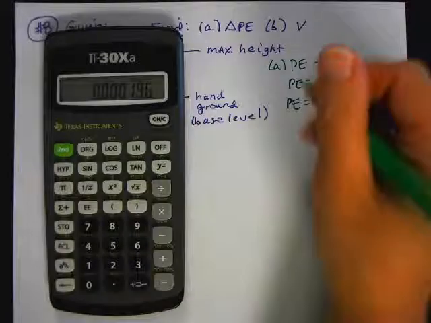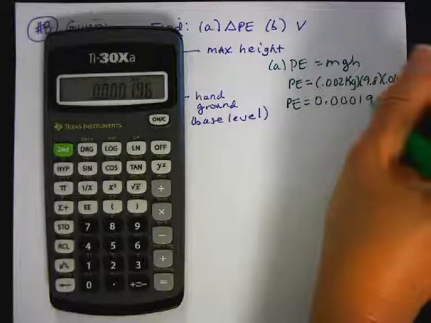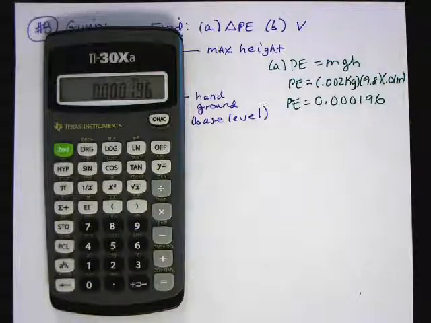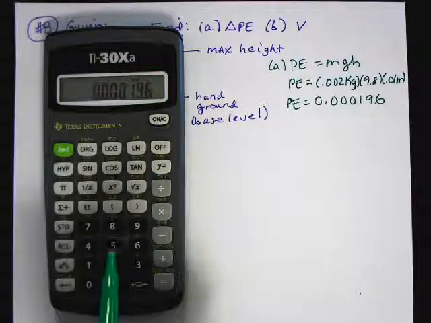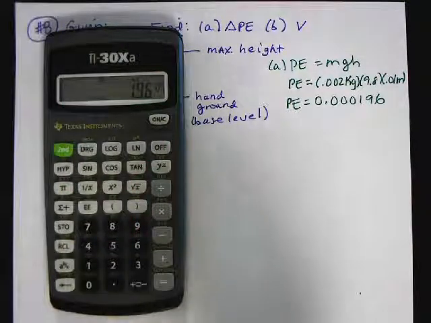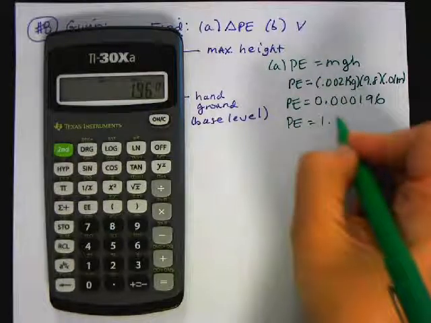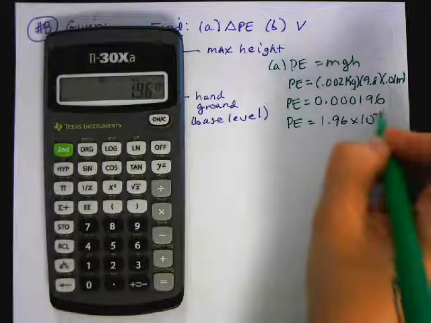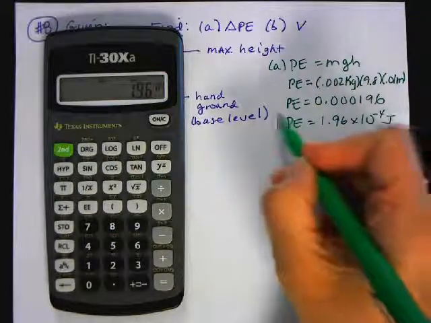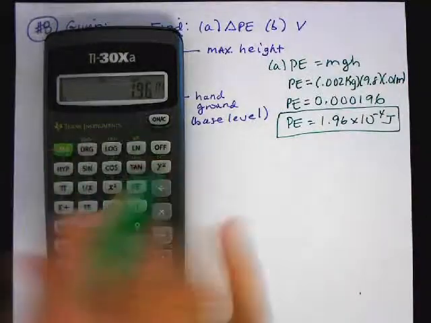See, the calculator says 0.0000196. So then I use that fancy button behind number 5 where it says SCI. So I press second, and it puts it in scientific notation for me, which is 1.96 times 10 to the negative 4 joules.